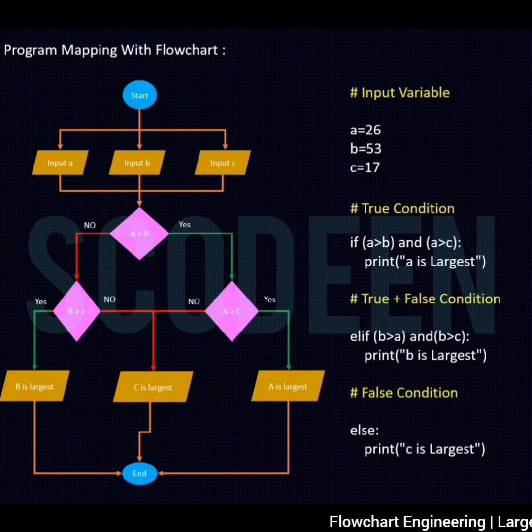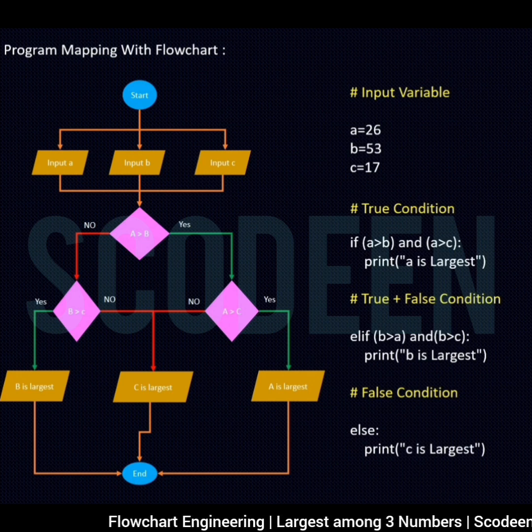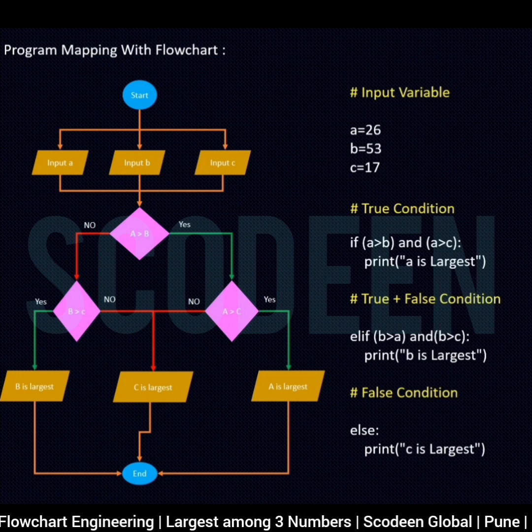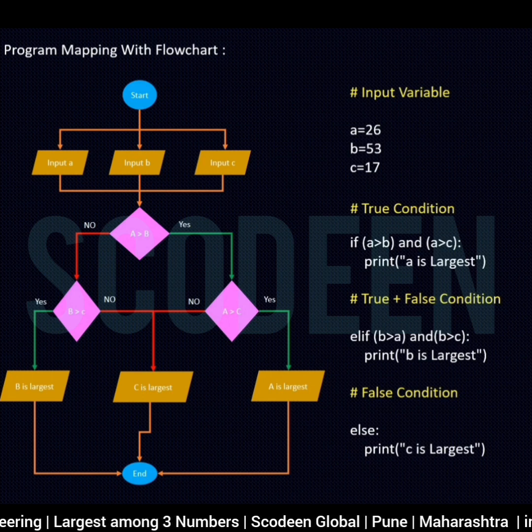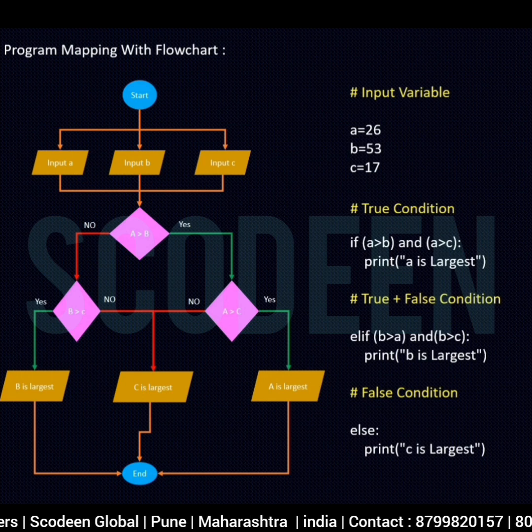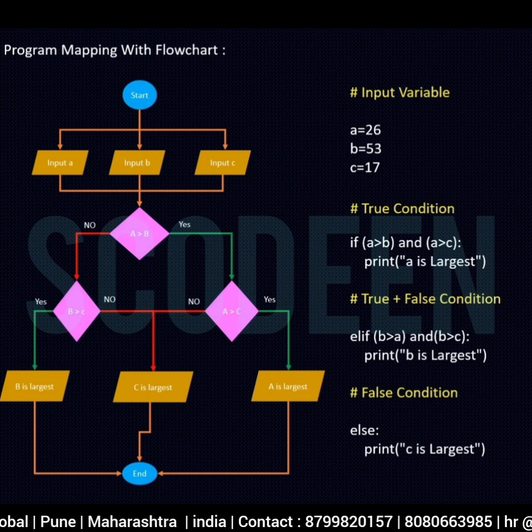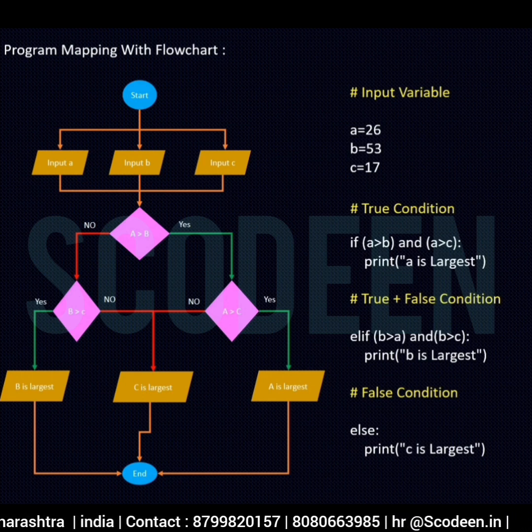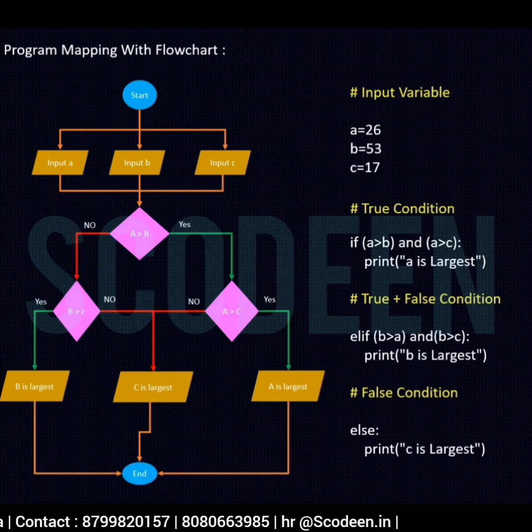So here elif means true plus false condition. So what is the true condition here? The true condition is nothing but if you compare B greater than C and A is greater than B in the left side decision box.